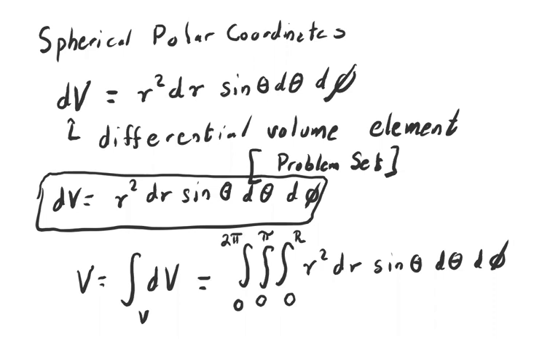So this integral, which is a triple integral, looks horrendously complicated, but it's not. r, theta, and phi are independent variables. You can do these integrals separately. You need to do that, and you should convince yourself that you get the answer of 4/3 pi r cubed. And I bring this up because this is a very useful exercise that'll help you remember the right expression for the differential volume element.